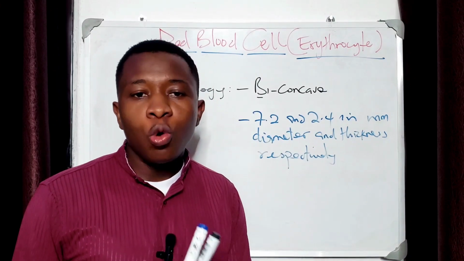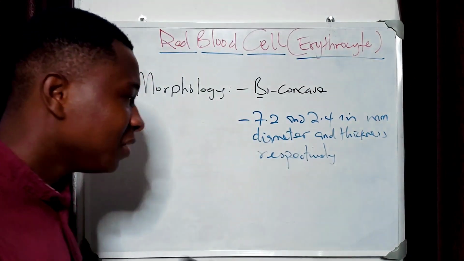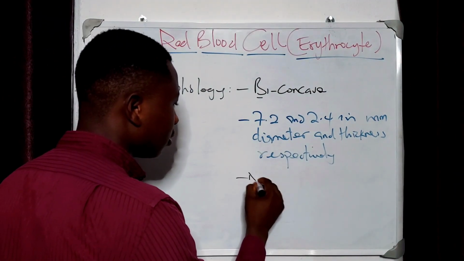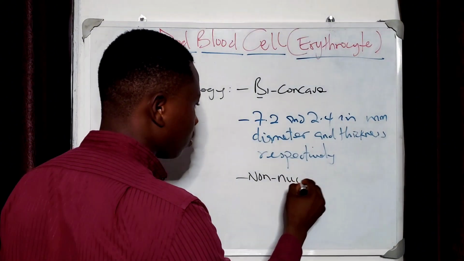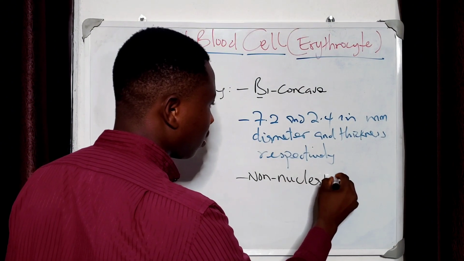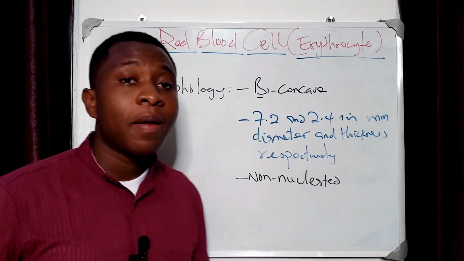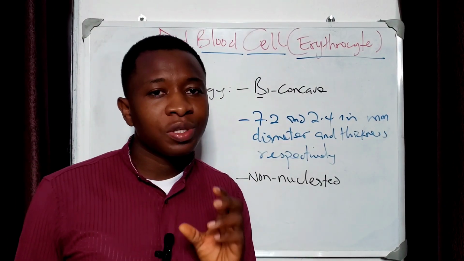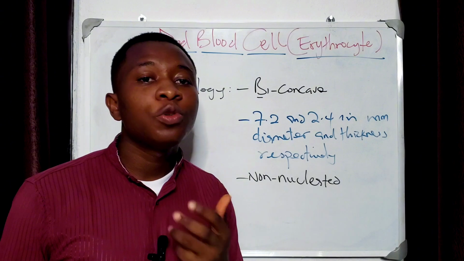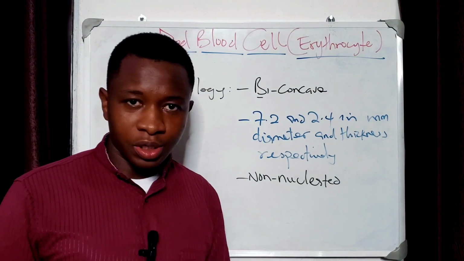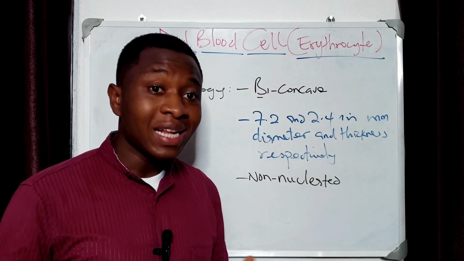Now, another thing you need to know about the red blood cell, and this is very important, is that it is non-nucleated. That means it doesn't have a nucleus. This is the idea used by medical laboratory scientists to find out if there is Plasmodium parasite in the red blood cell. Okay, so that's by staining.